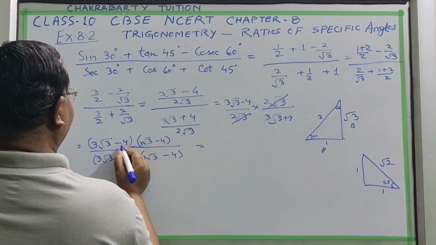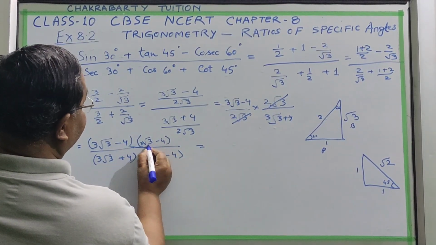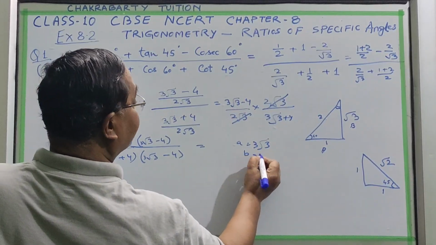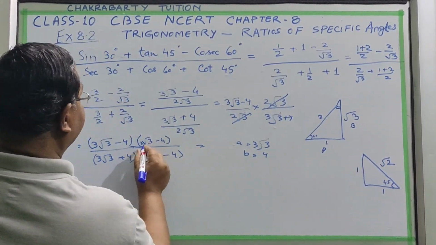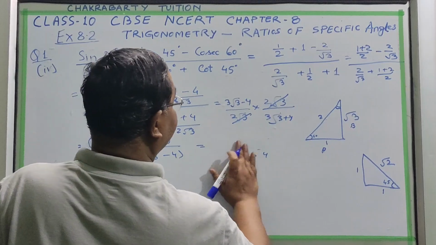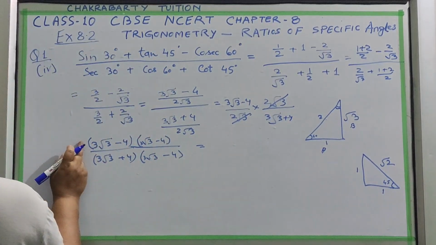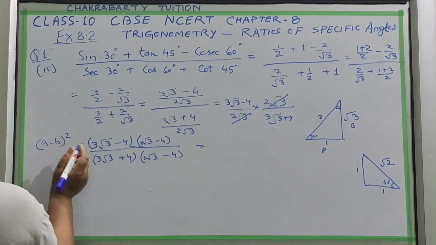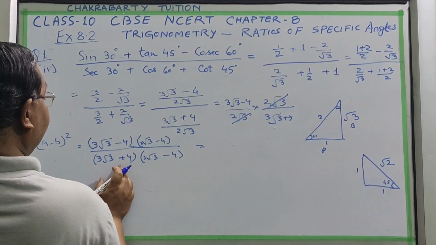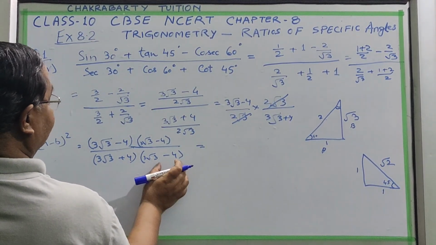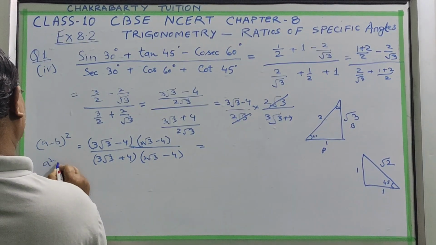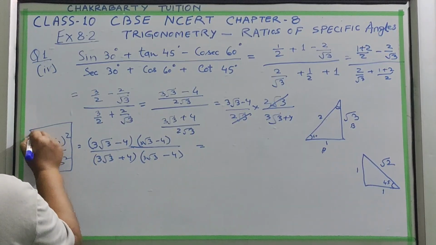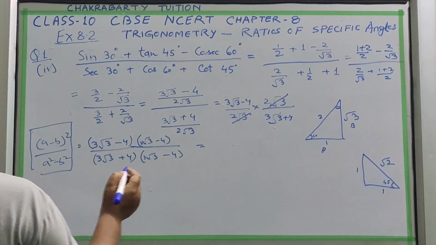So we can take it A and B. A is this figure, A equal to 3 under root 3 and B equal to 4. We will use the identity (A minus B) whole square, and here with plus and minus sign we use A square minus B square. These two identities we are using here.